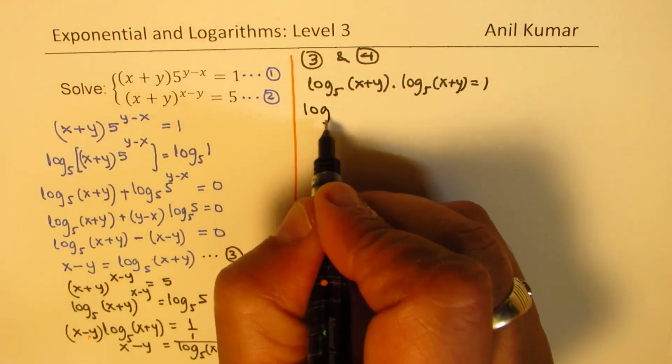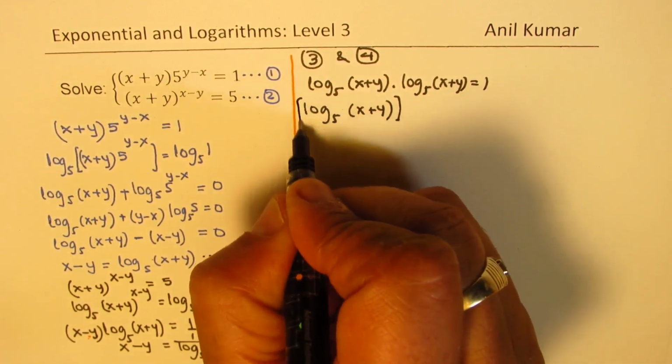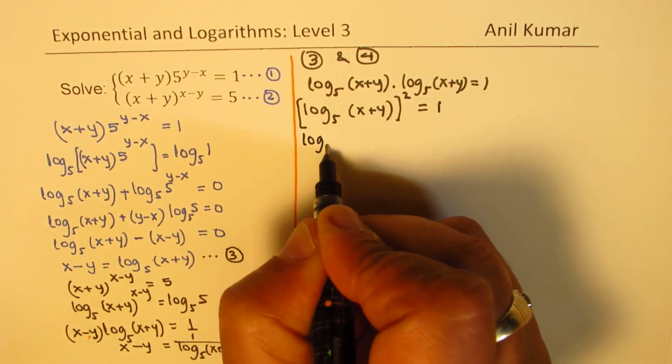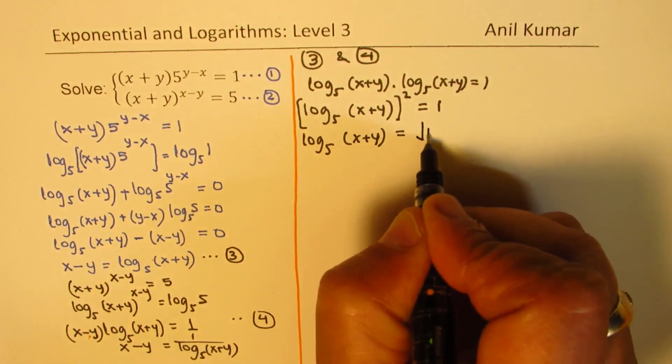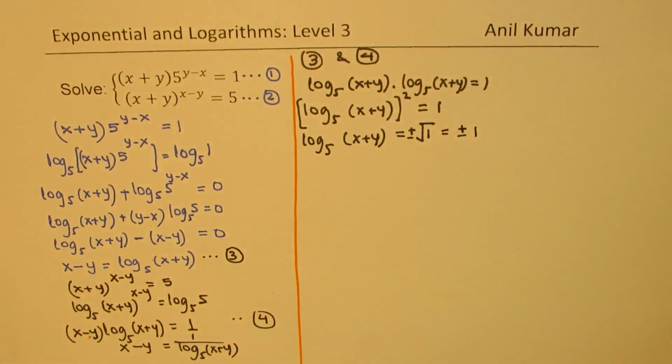So that is to say, log to the base 5 of (x plus y) whole square is equal to 1, or we get log to the base 5 of (x plus y) is equal to the square root of 1, which is plus or minus 1.